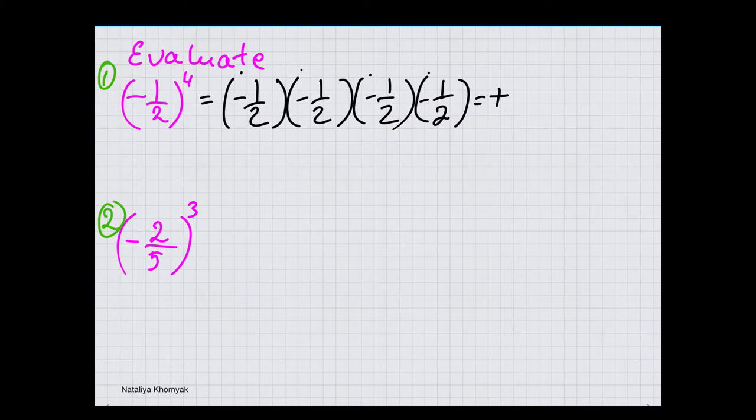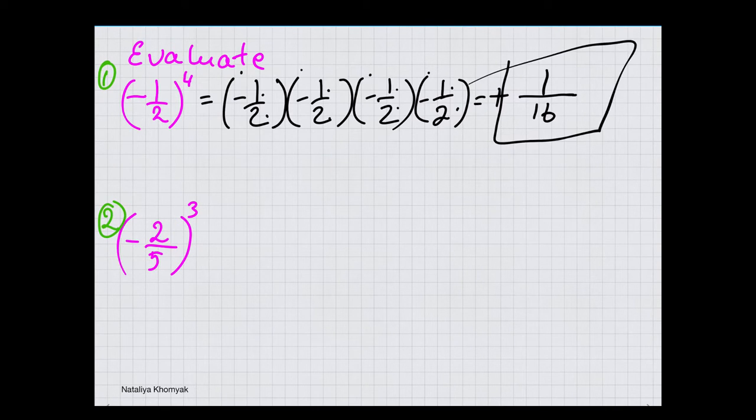Good, because we were raising a negative to an even power, so that checks out. 1 times 1 times 1 times 1, we have 1 in the numerator. 2 times 2, 4 times 2, 8 times 2, 16. So 1 out of 16 is our answer for example number 1.